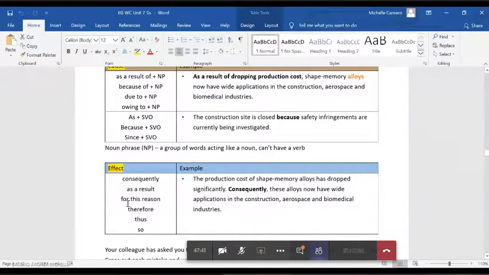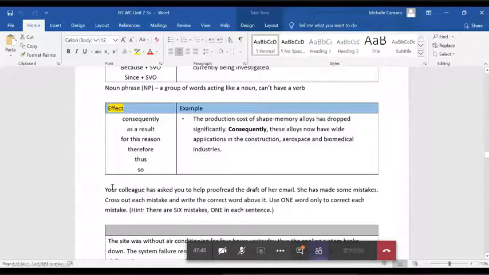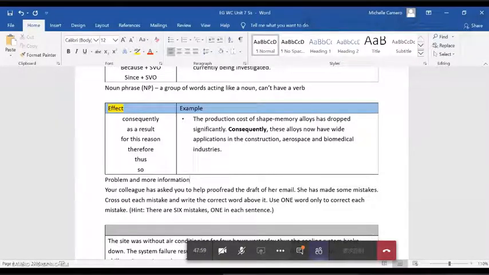oh no, part of this got canceled. Let me add something here that I want to say. For when you talk about the problem, and when you talk about more information about the problem, you can use cause words, or you might use effect words.